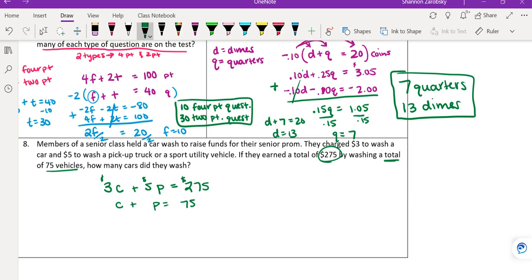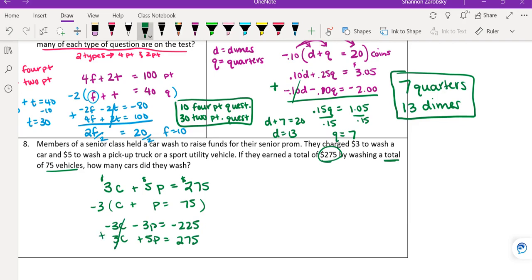I'm going to go ahead and eliminate C just because it's an easier number to multiply by. So I get negative 3C minus 3P is equal to 75 times 3, which is negative 225. Make sure your signs are okay here. That's going to be the biggest error. So I'm going to rewrite that top equation underneath.